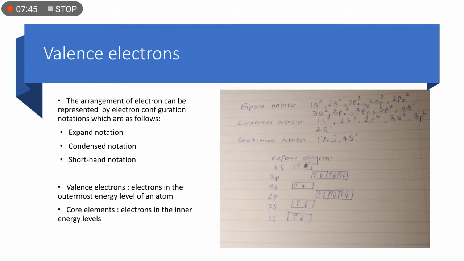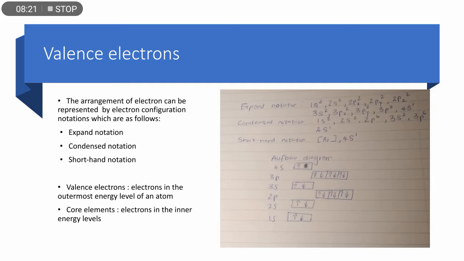Okay, from there, for the expanded notation for the potassium element, you expand every single orbital and show how many electrons it has inside a single orbital block. For the first orbital, we have the s orbital on the first energy level, which is occupied by 2 electrons.